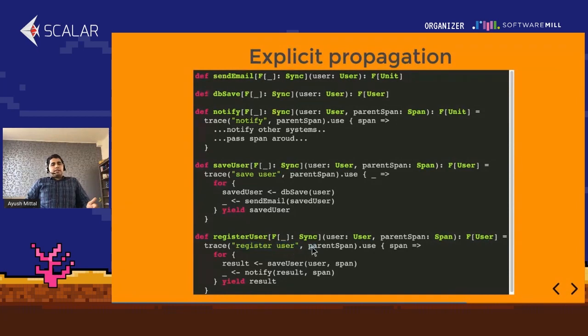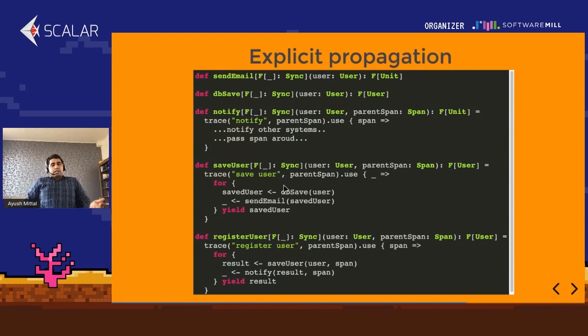Along with it, it is passing the span that must be the parent of this span that is created. And we get this information from a method parameter. So now when we call register user, apart from the user, we must also pass the parent span. So the register user method creates a span using the trace method. The newly created span is then passed along to child methods like save user and notify.